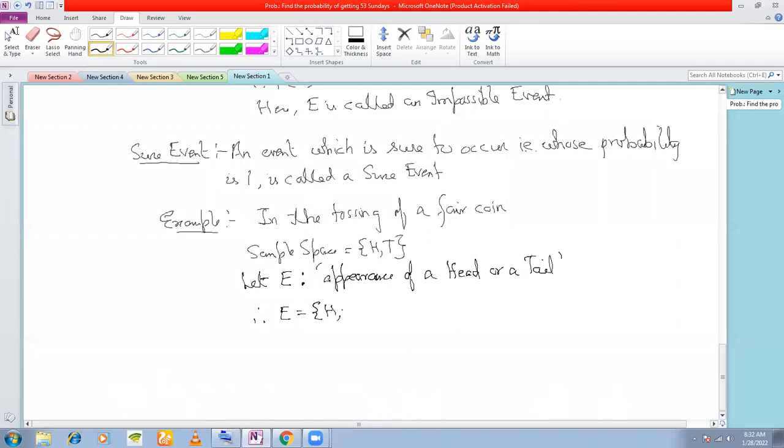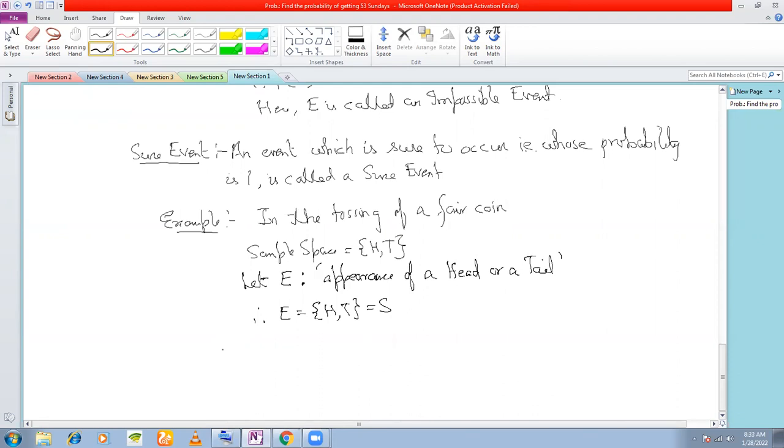It is equal to the sample space. That means if I am tossing a coin, I will definitely get a head or a tail. I cannot get any other outcome. If I define the event as head or tail, I will definitely get a head or tail.